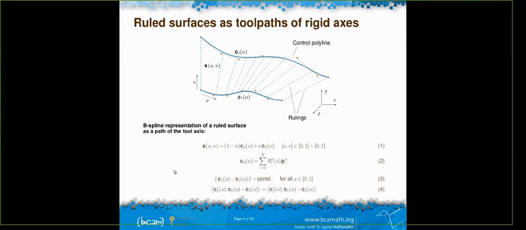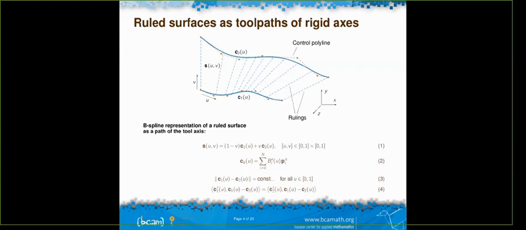Starting with the definition of ruled surfaces. As you can see here, a ruled surface has two boundary curves, let's say C1 and C2, that are in all cases B-spline curves. And we have some ruling lines in the v direction. The rulings are of constant length, and we have a one-to-one correspondence between the two ends of each line. In equation 1, we have the parametric form of the ruled surface.